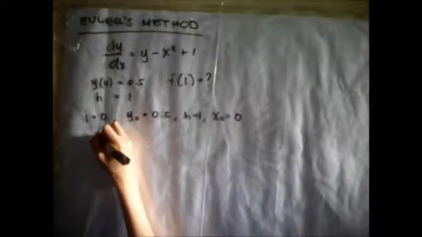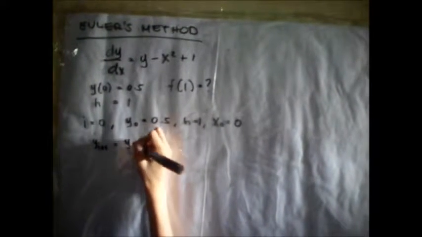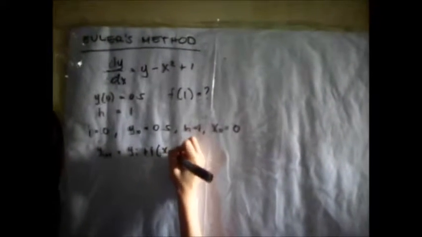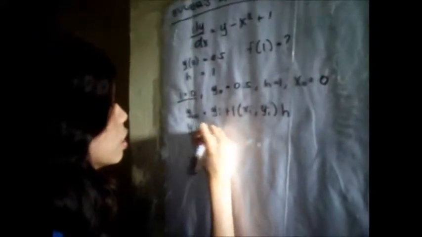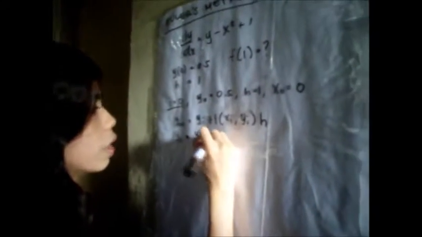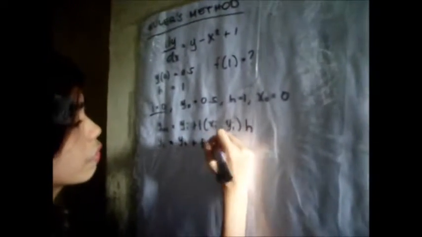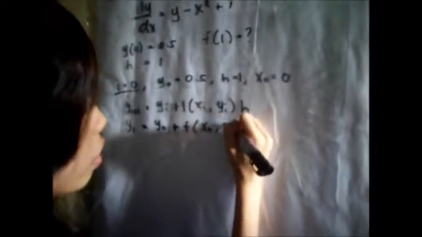The formula here is y sub i plus 1 is equal to y of i plus f of x sub i, y sub i, times h, or the step size. If we have i of 0, then i plus 1 is just 1, equal to y of 0 plus f of x sub 0, y of 0, times h.